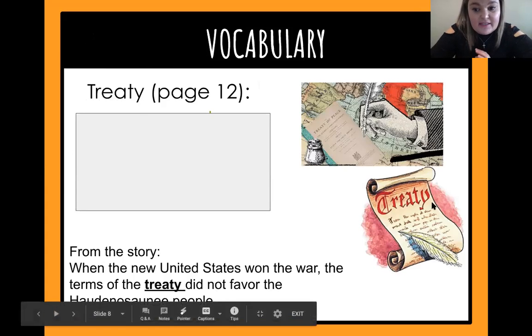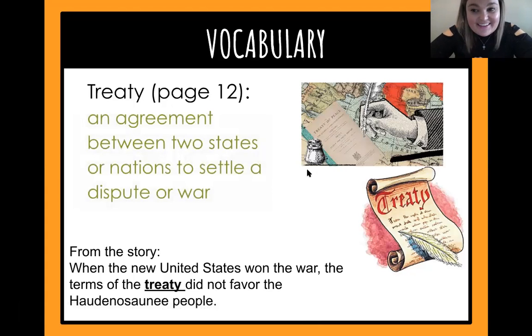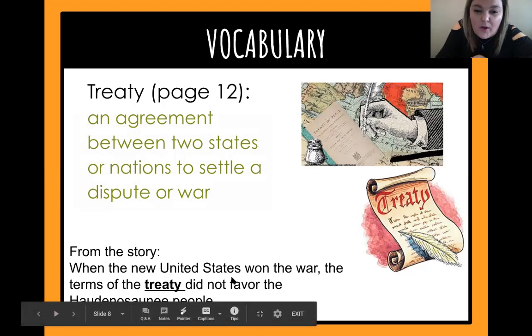Ooh, so I'm looking at these pictures. What do you think treaty means, 4th graders? Yeah, it's an agreement between 2 states or nations to settle a dispute or a war. So it says once the United States won the war, this is the terms of their agreement that they made.